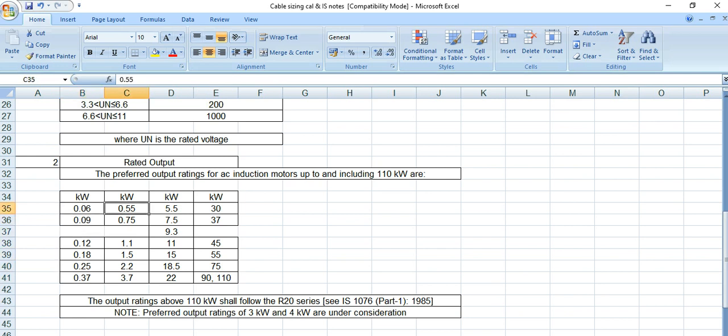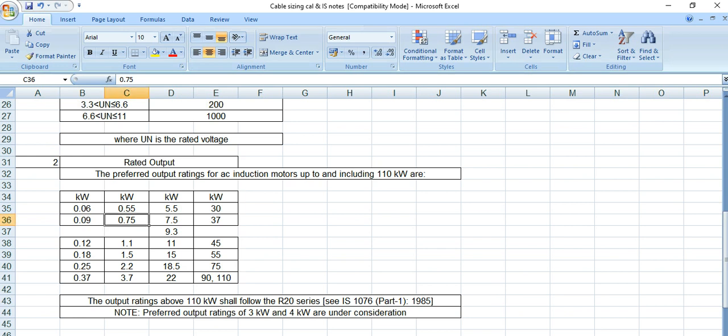Next is 0.55 kilowatt, also a standard small size motor rating for industrial purpose. Most motor operated valves, MOVs, are rated 0.55 kilowatt or 0.75 kilowatt. So this is the standard motor rating.